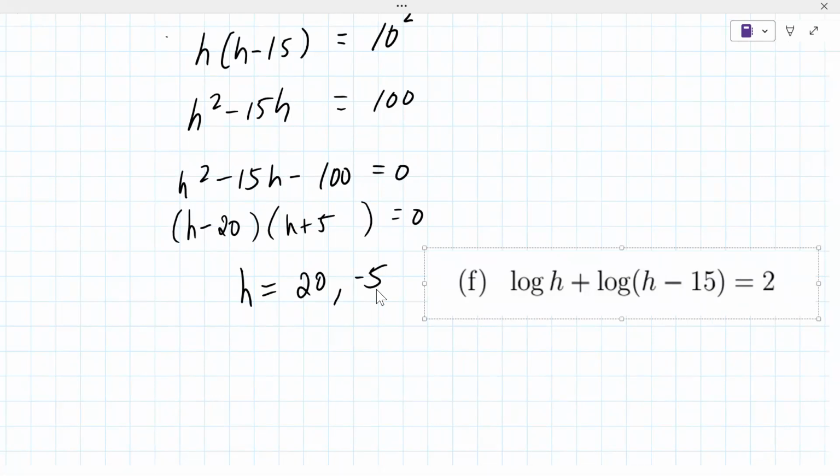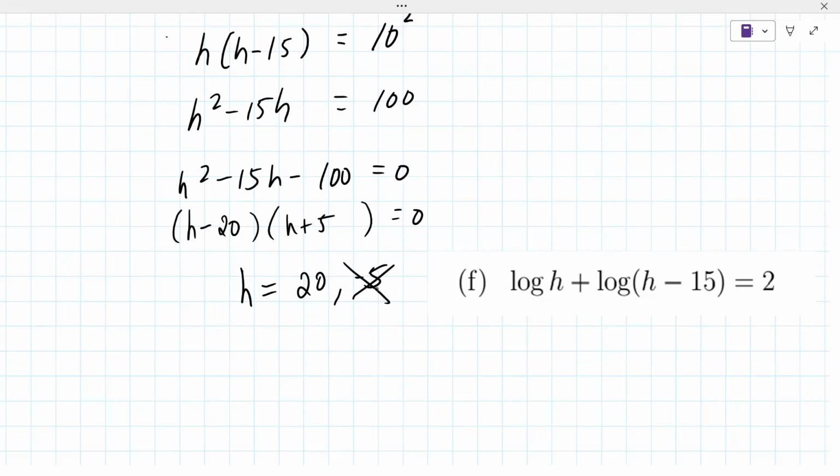It would have to be 20 because you can't have the negative 5 in the logarithm. That's right. So that one's out. All right. Very good.